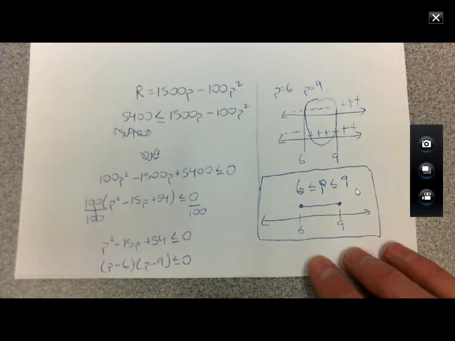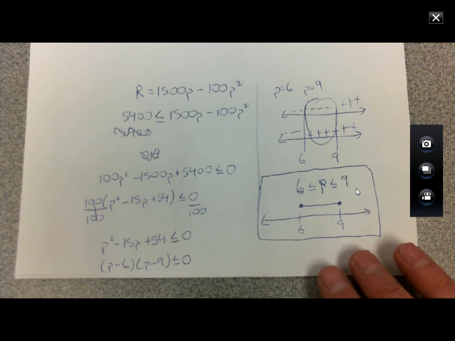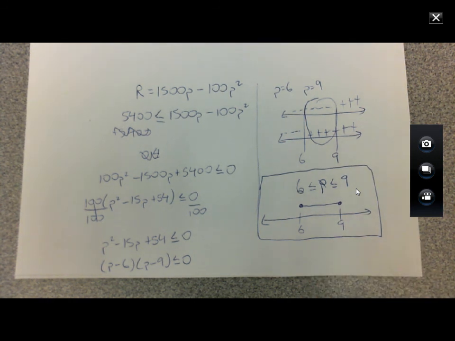So the price they need to charge is somewhere in between $6 and $9 on each radio. So if they charged $7, they'd be good. If they charged $9, they'd be fine. And if they charged $10, I believe the problem ends up being that the cost to create the radios ends up being too much, and they don't make a profit anymore. That's why there is an upper bound on that.